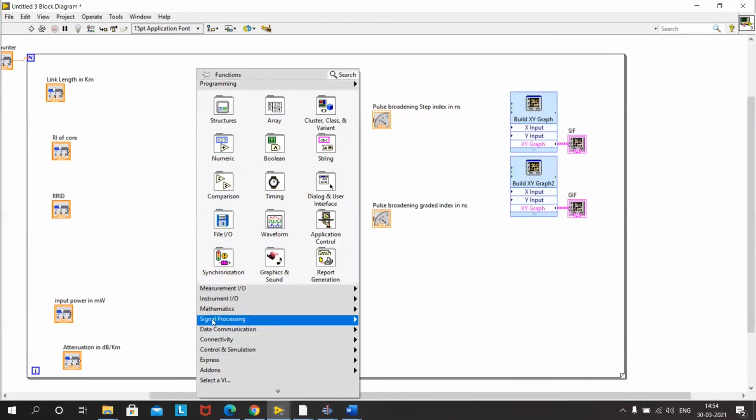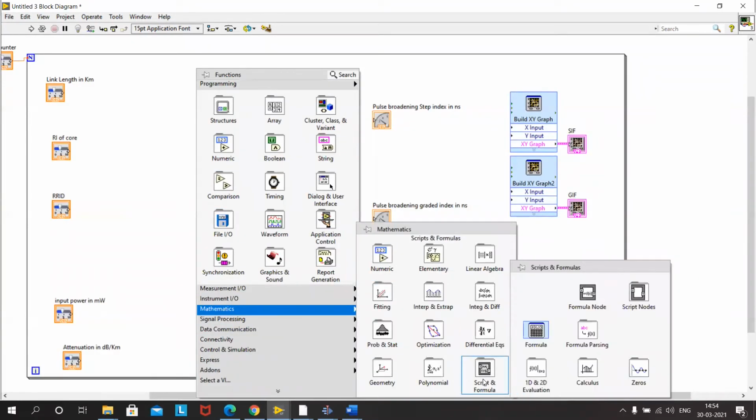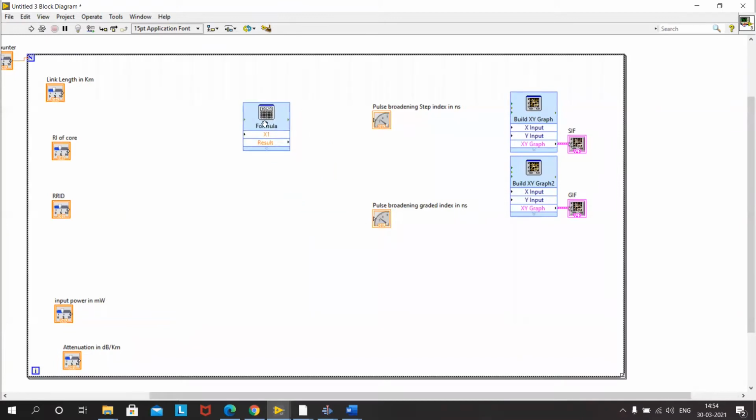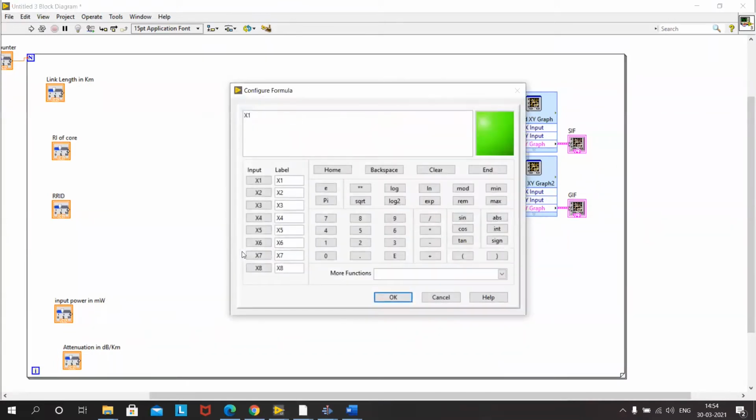The first thing that we'll be doing is selecting the for loop. Now again we'll be using the formula boards for calculating the pulse broadening of step index fiber and the graded index fiber. So for the step index fiber, the first thing that we need is the link length, the refractive index of the core, and the relative refractive index.